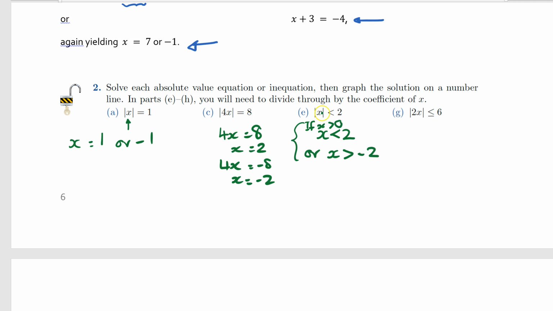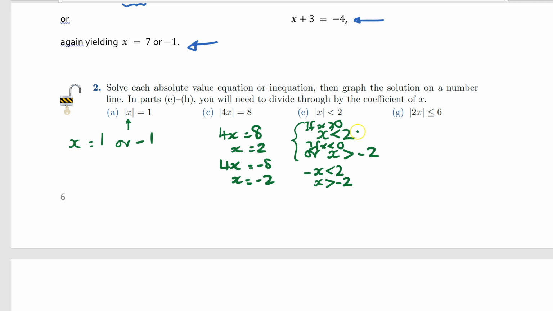Or if x is less than 0, that should have been greater than or equal to, I suppose. If we're talking negative numbers, if x is less than 0, then what we would do in here is take minus of the value of x. So that would give us minus x is less than 2. When we divide through by -1, that will give us x is greater than -2.